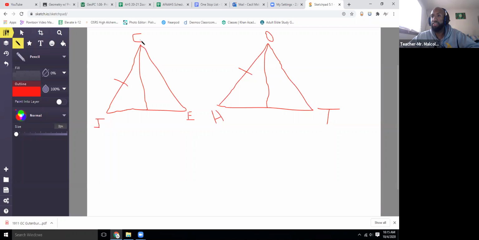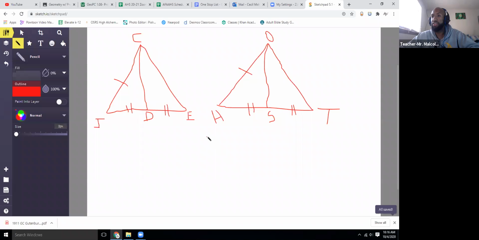If they say that line CD and OS are bisecting the triangles, then you must show that by putting in the hash marks to show that these two lines are congruent.